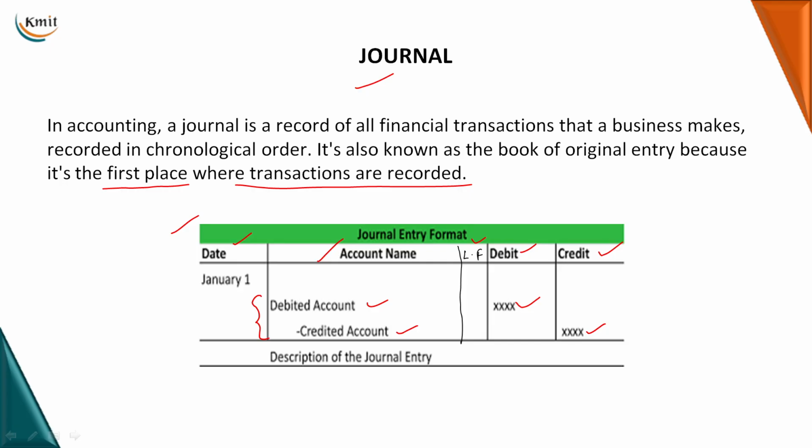Now, as this is a double entry system, for every debit there will be an equal and corresponding credit. The next one is below this line. Here the description of the journal entry should be given for every entry once the journal entry is passed. That is what we call the narration of the transaction. Narration, right?